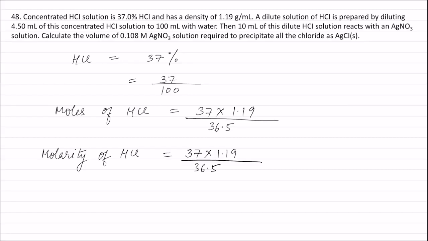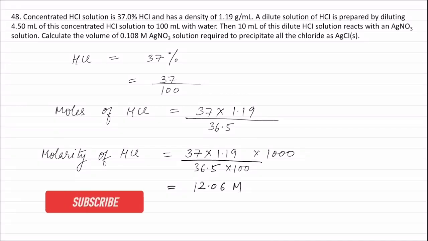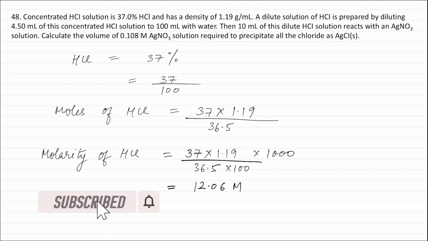Therefore, dividing the moles of HCl by volume of solution in liters, that is 100 into 1000, will give the molarity of the given HCl solution. Solving this, the molarity of HCl solution is 12.06 M.